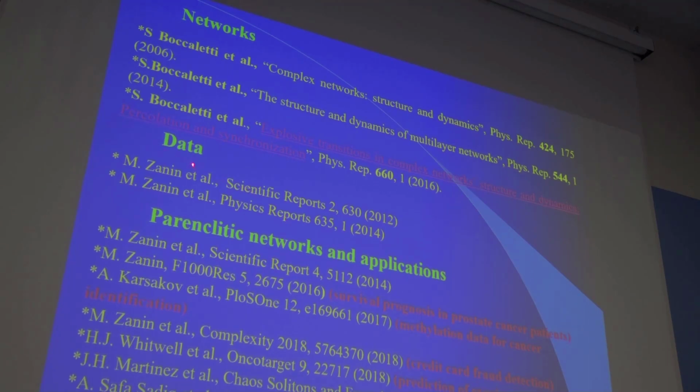Then, if you are interested in networks with data, this is the first report that we wrote in 2014 again, which tries to compare methods from data mining with methods of networks, so functional networks and parenclitic networks.